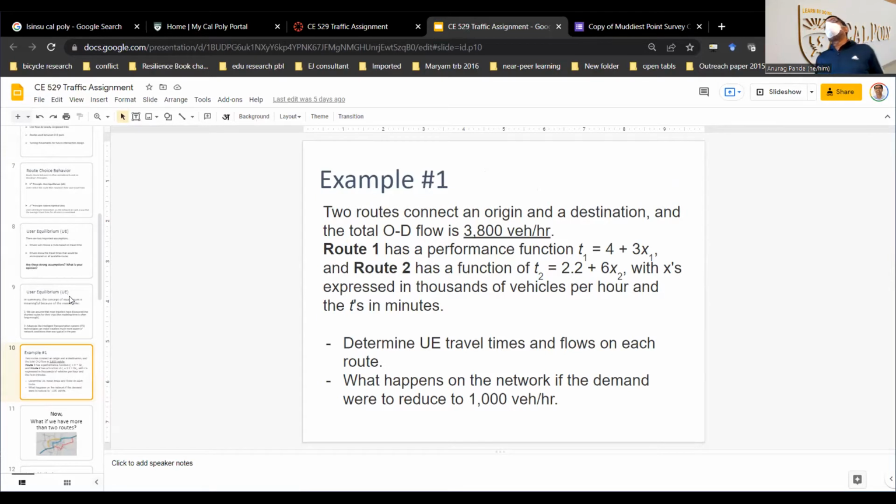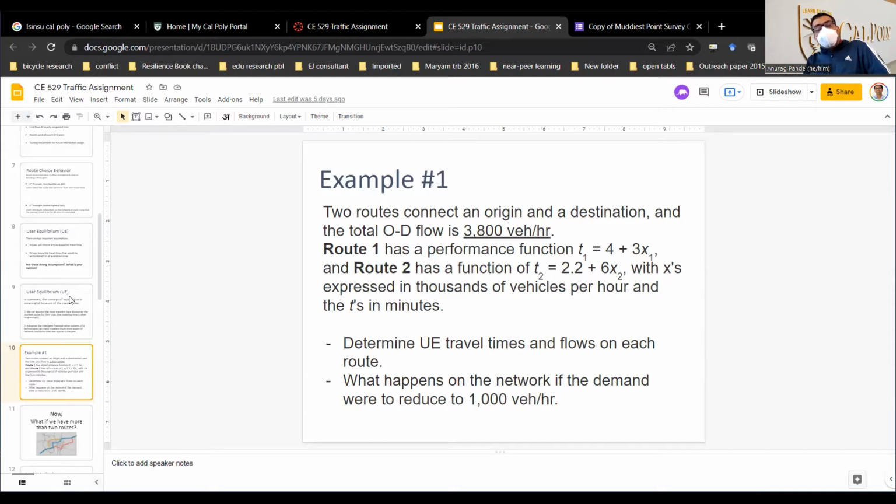Now, one thing I want you to think about is that a lot of times you might be assigning traffic between certain origins and destinations in your network, but your network itself might be larger. Your network itself might have other connections that might be feeding traffic to it. So I want you to think about that scenario as well, because I know there were some concerns about the threshold.